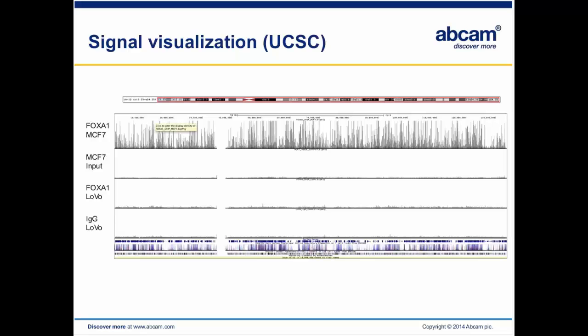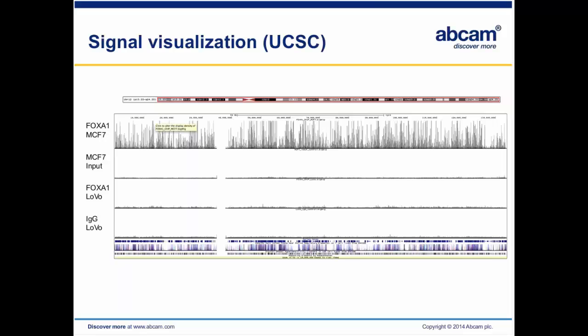This is an example of signals of all 4 samples across the entire chromosome 12 of the human genome. The 2 control files are almost flat as you would expect them to be. The FOXA1 MCF7 ChIP sample has many peaks, but the FOXA1 novo ChIP sample looks very much like its matching control sample.